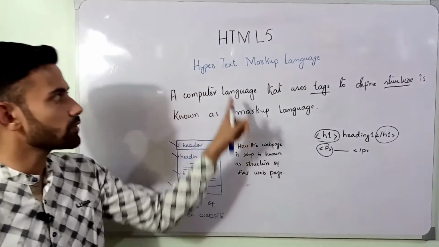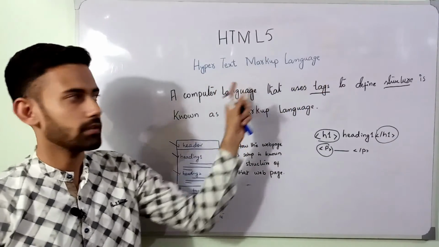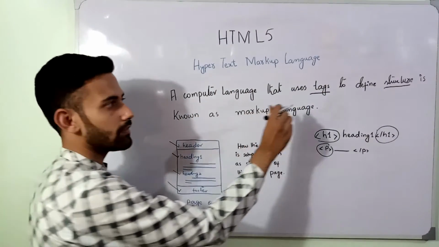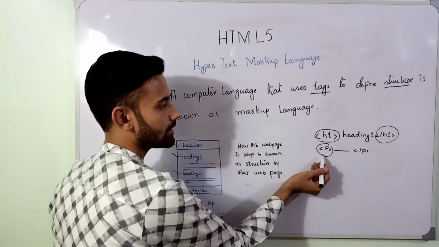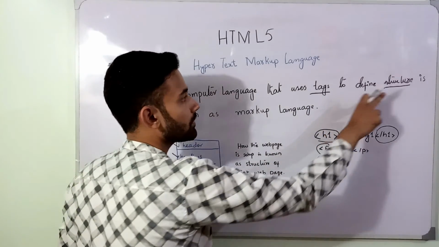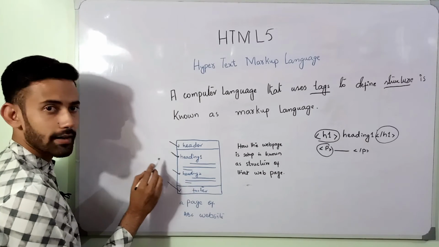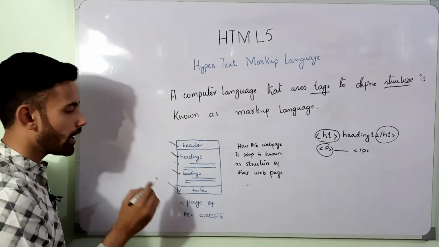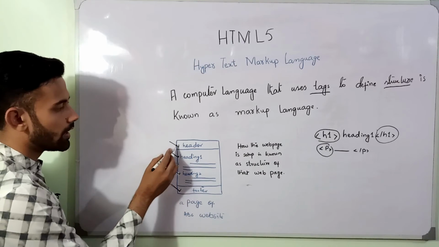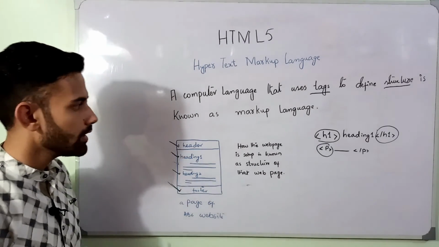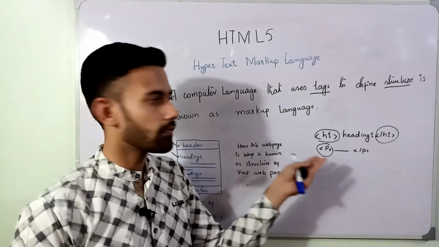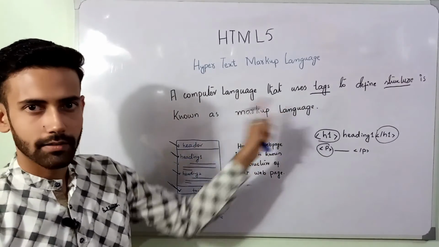And this whole thing is known as markup language. A markup language is a computer language that uses tags. These are the tags, we have used them to define a structure. Structure means telling the browser which one is heading, which one is the paragraph, and where is the footer and where is the header. This whole thing we are going to define by using tags.